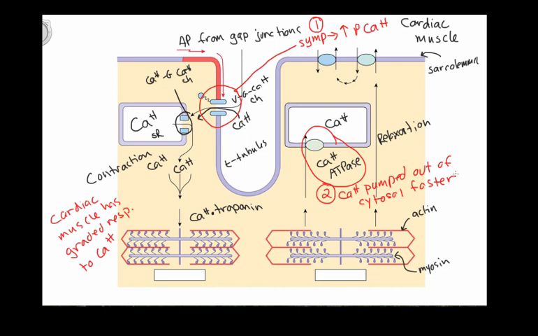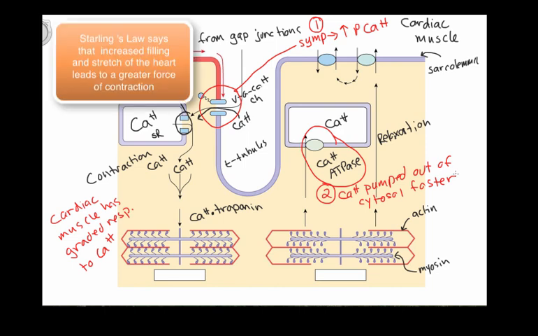So this gives the heart more time to be relaxed and fill with blood. If you relax more quickly, then you have much more filling time, and the more blood that fills the heart, the greater the stroke volume. And this is actually Starling's law. If we have more blood returning to the heart, we squeeze harder and we pump more of it out.